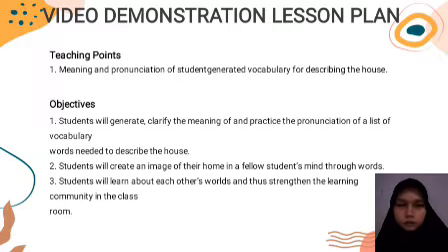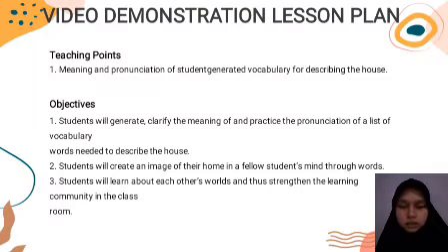So we've come to the first one, the video demonstration lesson plan. It has teaching points and some objectives. The teaching point is meaning and pronunciation of student-generated vocabulary for describing the house.